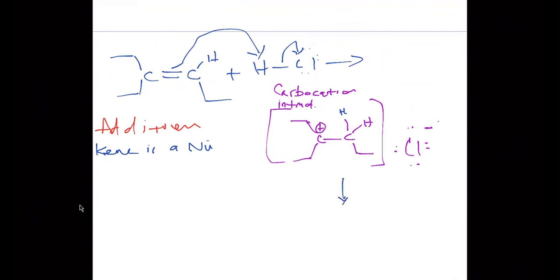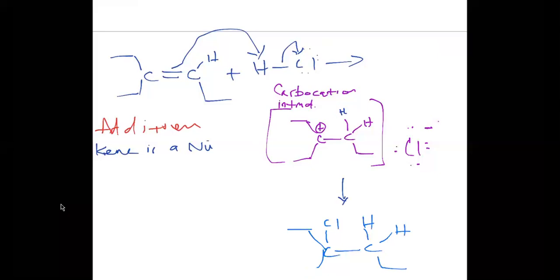So once you get to the intermediate, what do you think happens next from here? Right, if I'm trying to get to the product, which looks like this, if that's my product, what do you think happens?